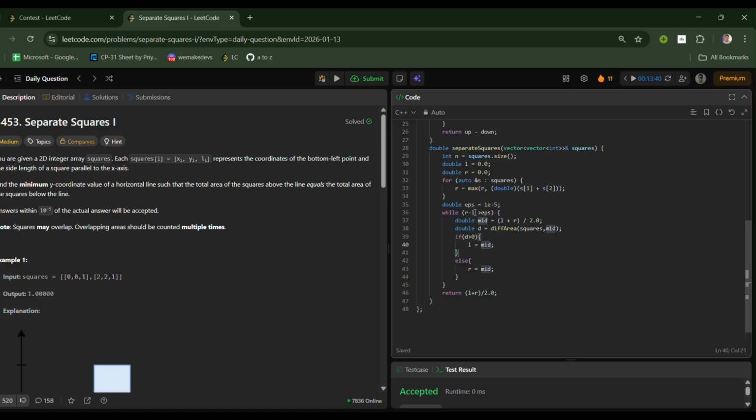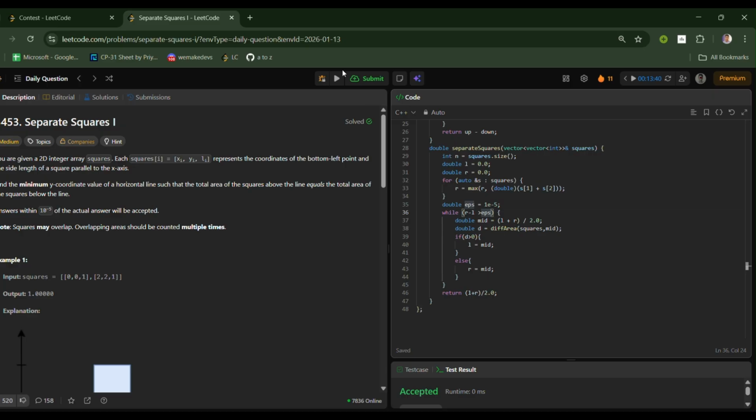If this value is less than the eps value, then we can move out of this while loop. Finally we will find l and r values so close that the difference between l and r will be less than 1e-5, and whenever this comes we will return l plus r divided by 2.0. Why? Because l plus r is the left and right values, and we are finding the mid part.